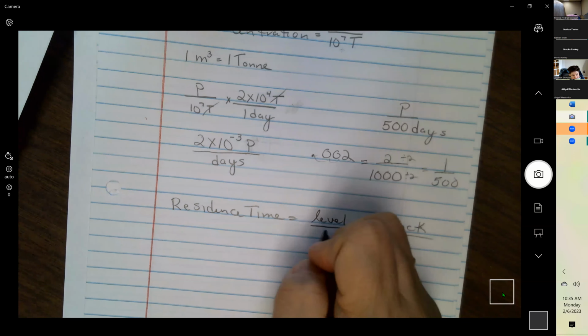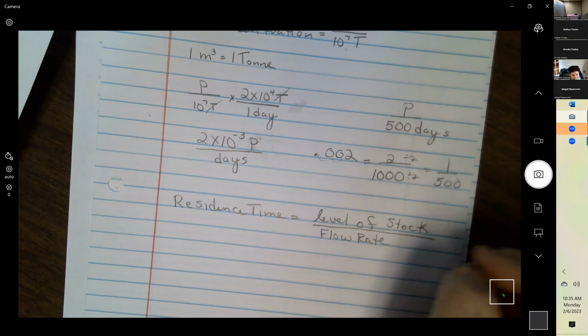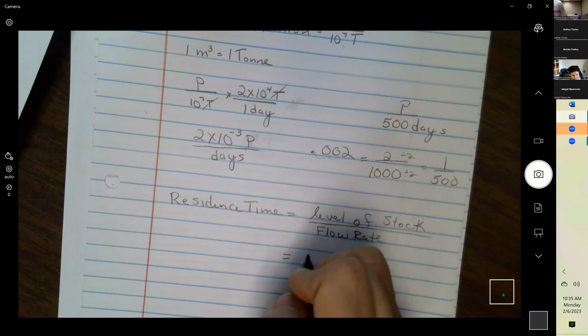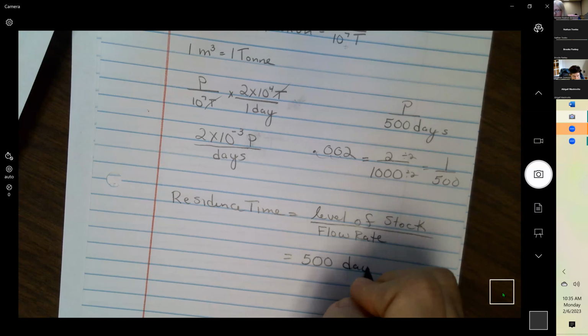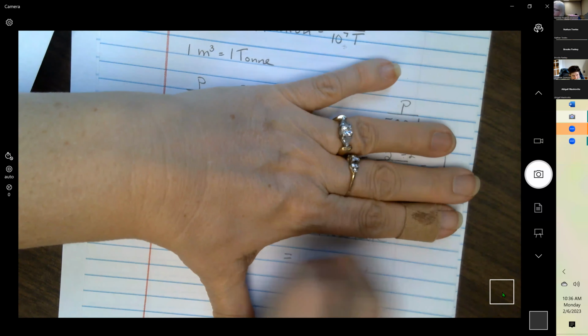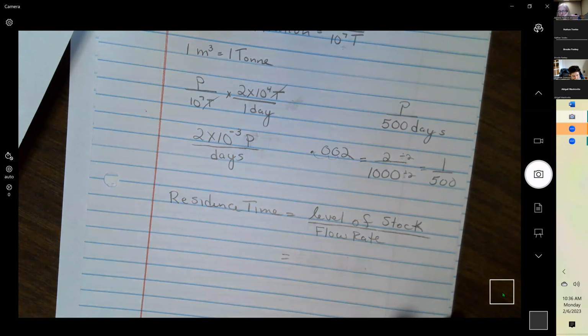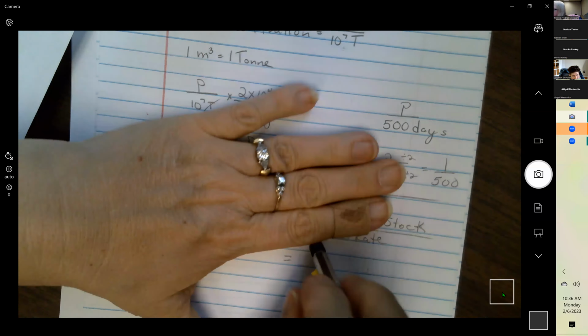We found this one already. Oh, I missed one. We're going to use that formula.